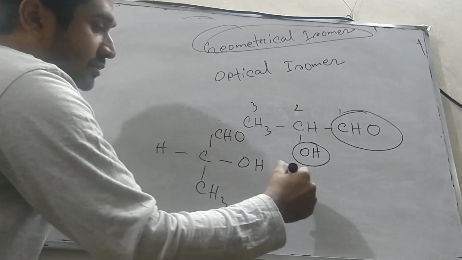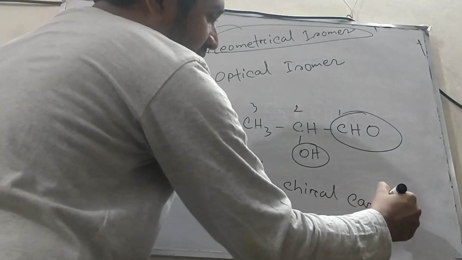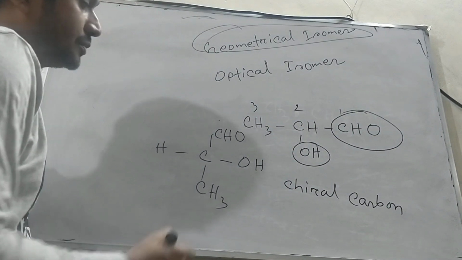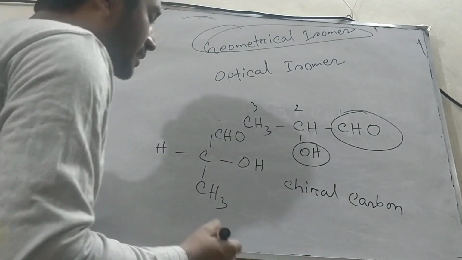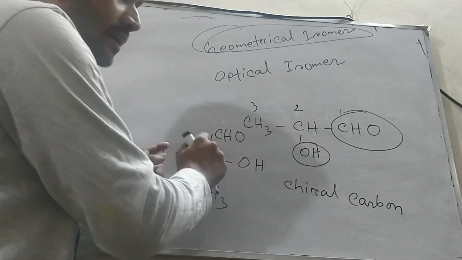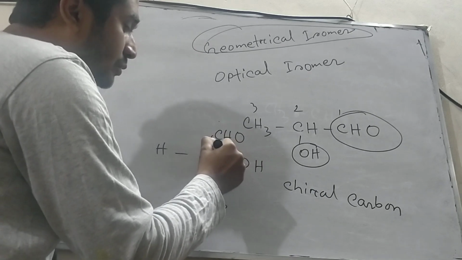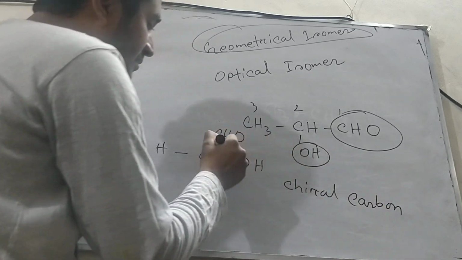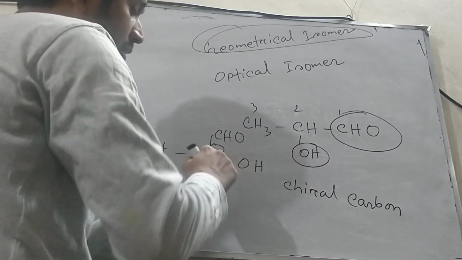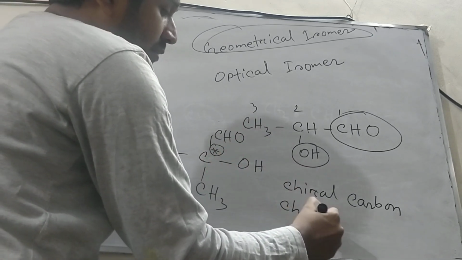That's why it's called chiral carbon. So again I am saying that when there are 4 different groups on the 4 hands of a carbon, then this carbon will be said chiral carbon, and this star mark means this is chiral carbon, and it's called chirality.